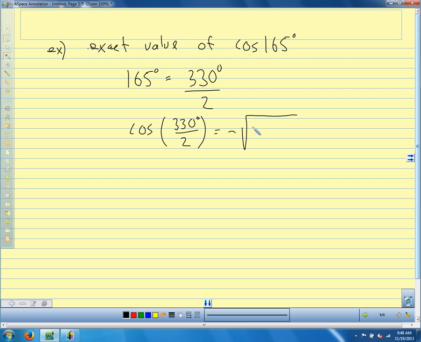Square root of 1 plus cosine of 330 degrees, divided by 2. And the cosine of 330 degrees is square root of 3 over 2, so this is 1 plus square root of 3 over 2, over 2.